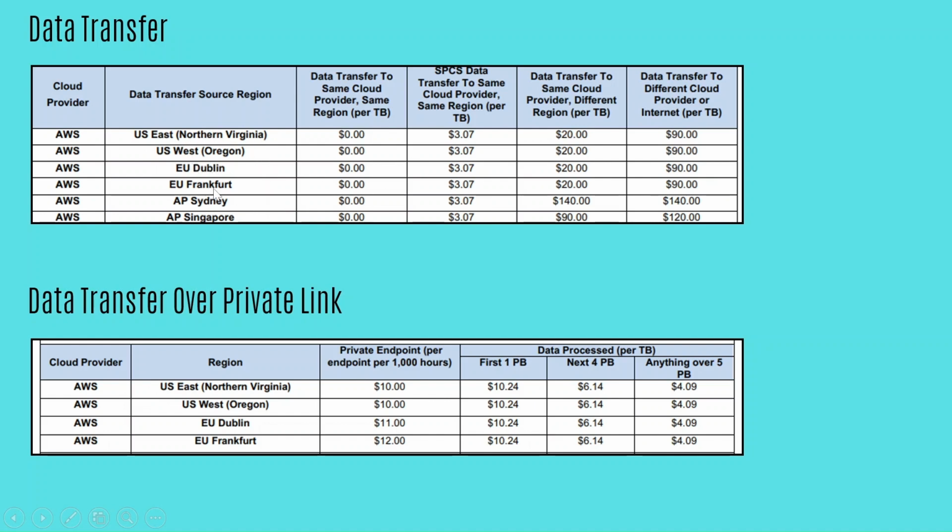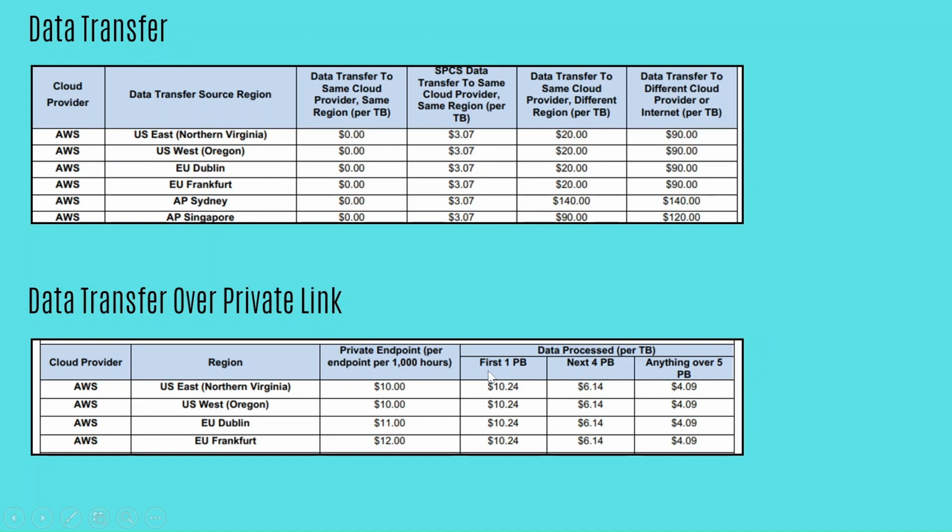So this region is your source region where your Snowflake account is hosted and your data is leaving from there. Then these are the charges, and these are per TB charges. Got it? Now, if you have set up a private link, then you will be charged this plus this.